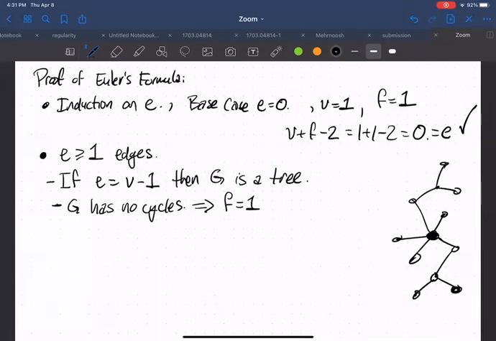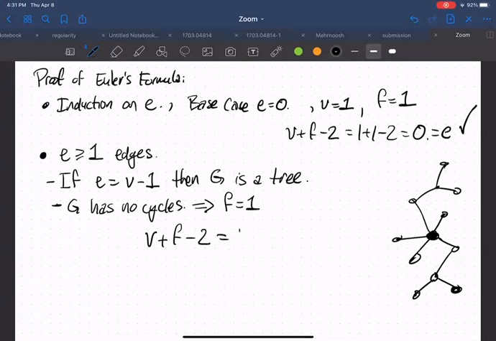Well, now we know the 3 quantities. We can check that it's true in this case. So let's do it this way. V plus F minus 2.